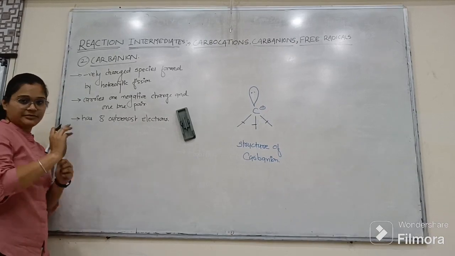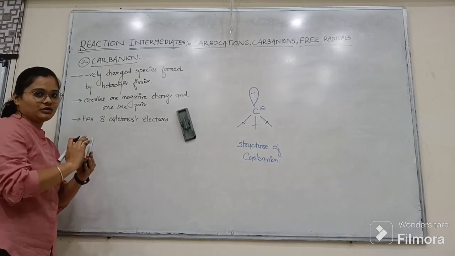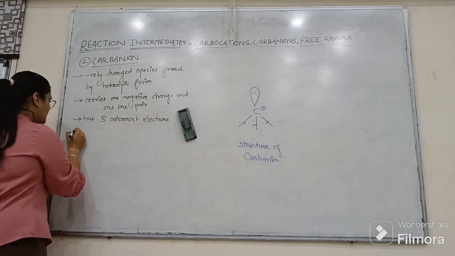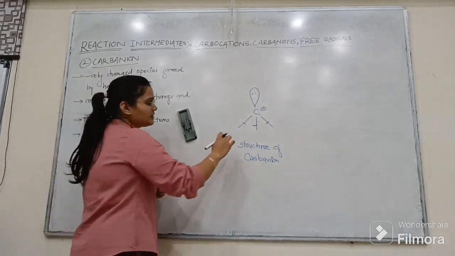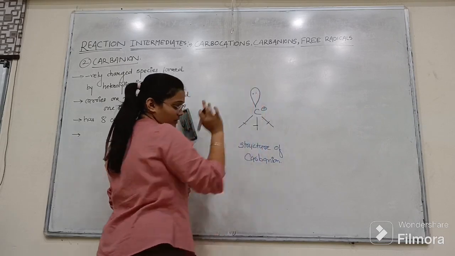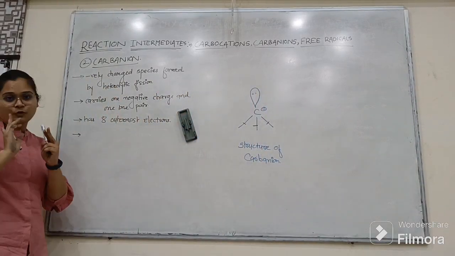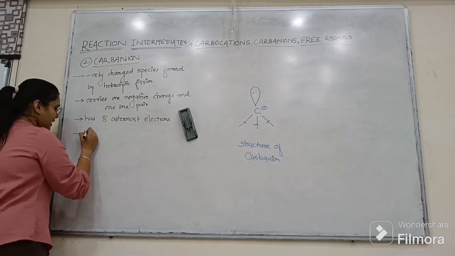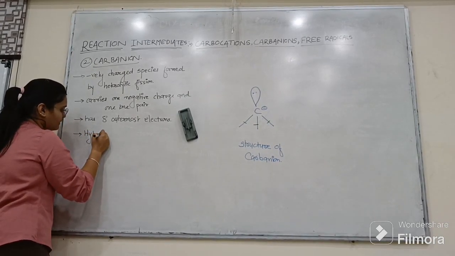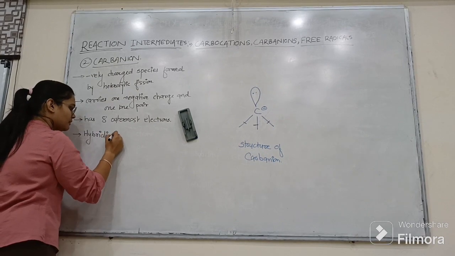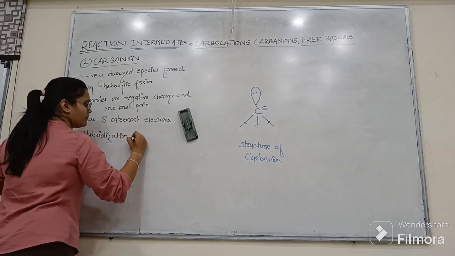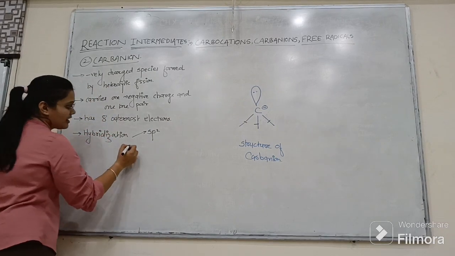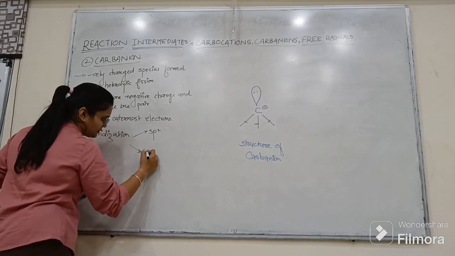Furthermore, let's see the hybridization and geometry of the carbanion. Here you can see it is forming 3 sigma bonds and 1 lone pair, so there are 2 possible cases for structure and hybridization. Hybridization can be sp2 or sp3.